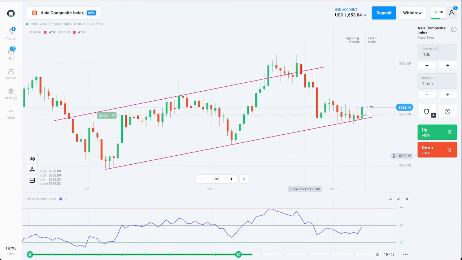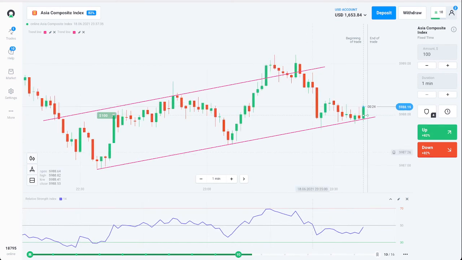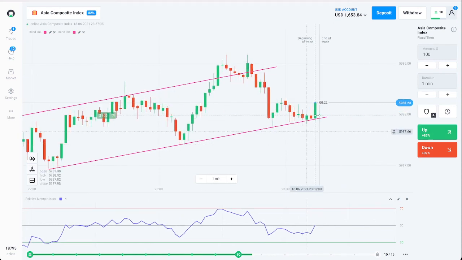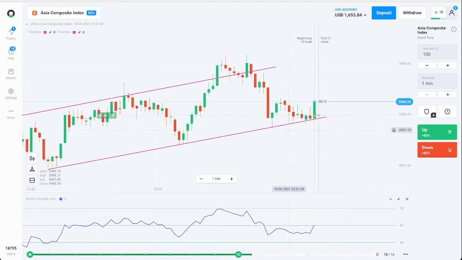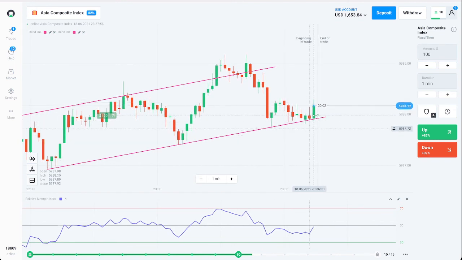If it's an uptrend, we're waiting for the buy, and then we must wait for the candle to come close to the buy area or the sales area. Now it's come close to the buy area, which is the downtrend line, this bottom line. So the bottom trend line is the indicator of the buy area, and then we're waiting for the triggers.